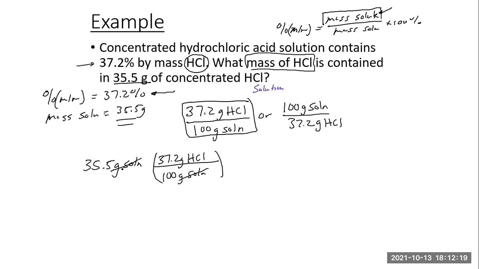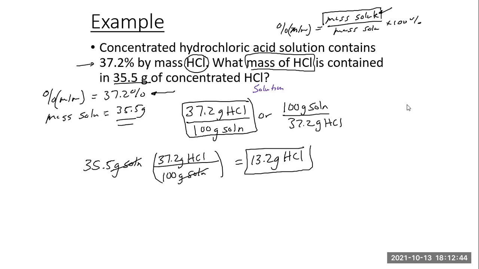The grams of solution would cancel each other out, and we would take 35.5 times 37.2 and divide it by 100, which gives us 13.2 grams of hydrochloric acid in this particular case. So this again is a more dimensional analysis approach.